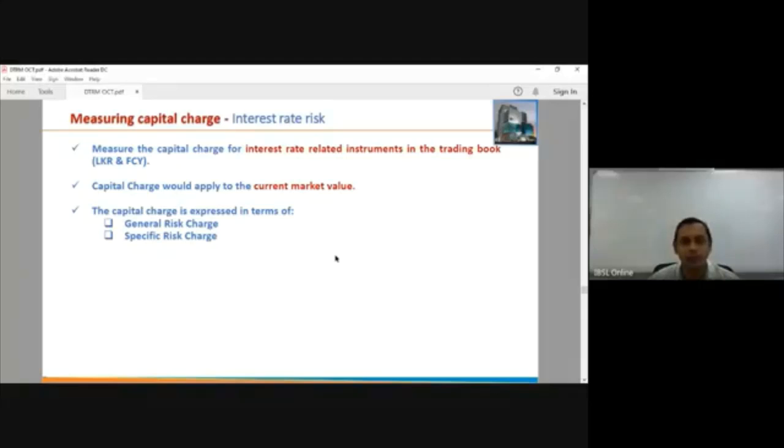From now onwards, whatever I say is related to the trading book. So you take your total trading portfolio and apply a percentage in order to get the general risk charge. The second charge is the specific risk charge.